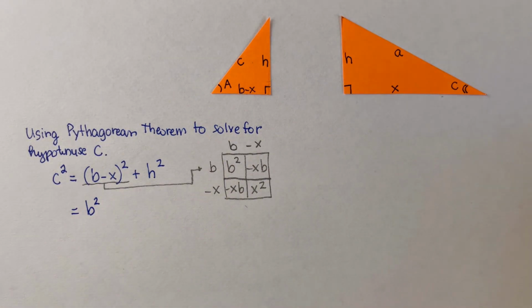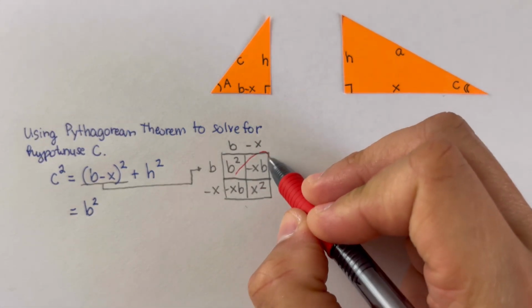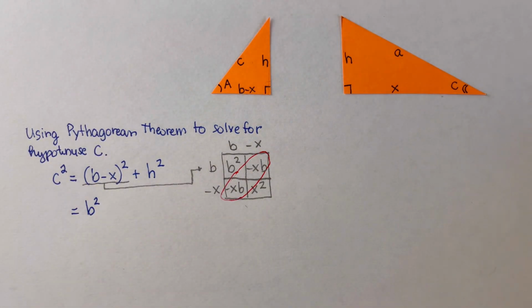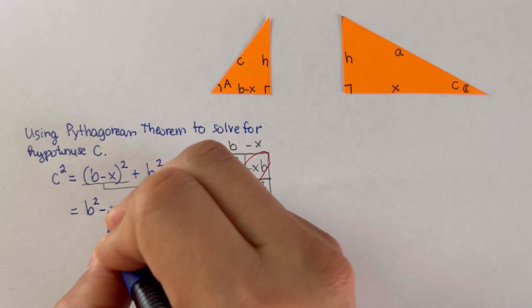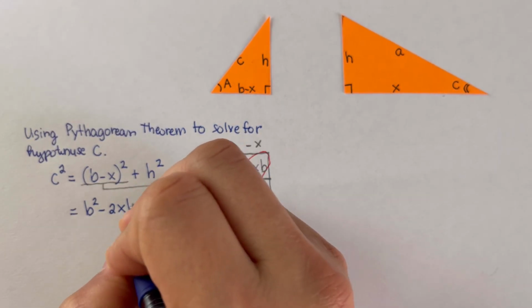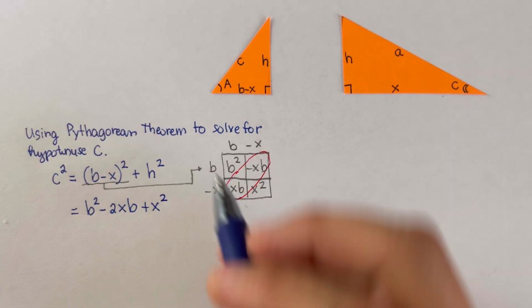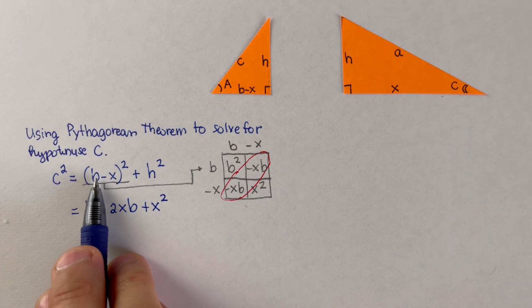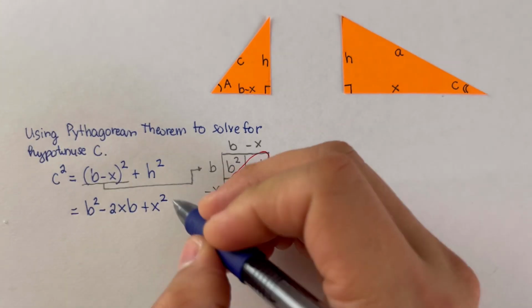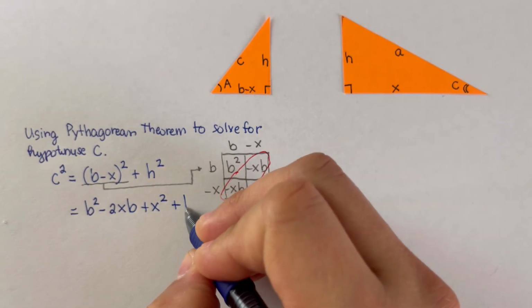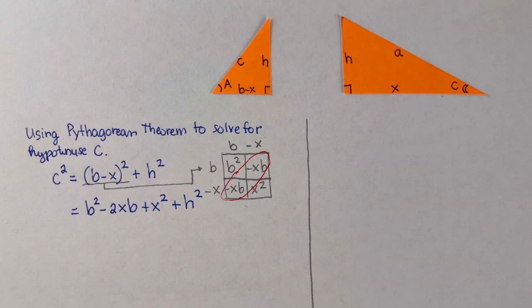These two are like terms and there are two of them, so that comes out to negative 2xb, plus x squared. So this whole thing is the binomial expanded, and then there's a plus h squared after that.